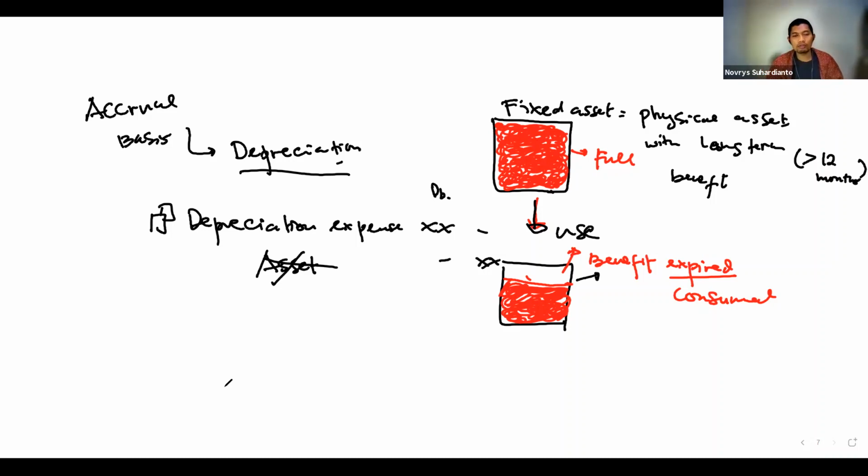So instead of crediting the asset, we record an account called accumulated depreciation. What is accumulated depreciation?